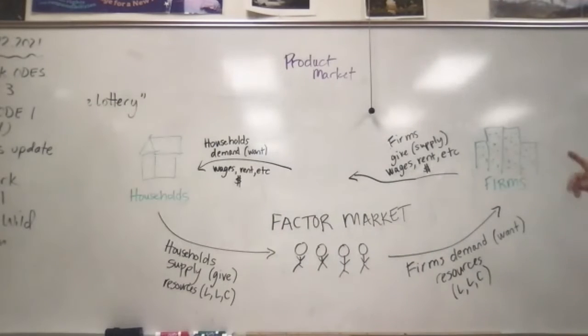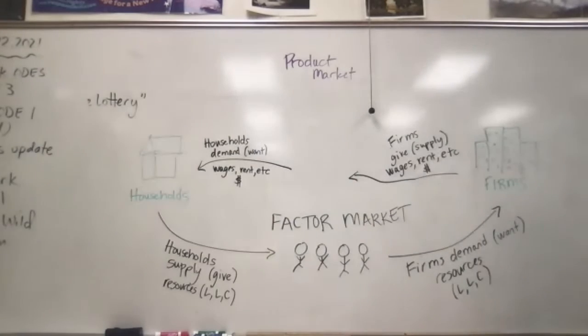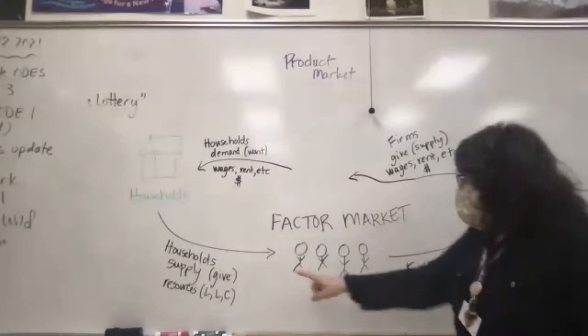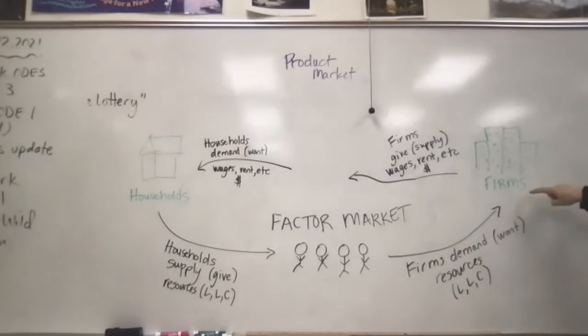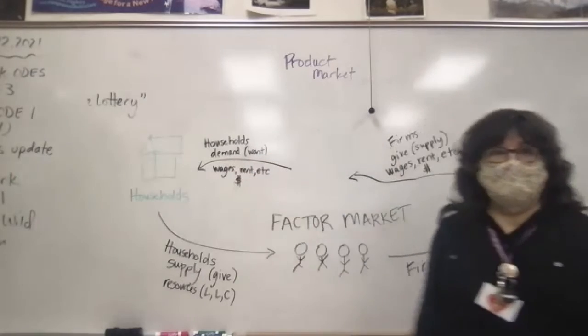So this is kind of my bad circle, but this is one circle, okay? So in the factor market, if you remember, we got together the firms and the households. The firms needed resources to get their business running. They demanded resources, they wanted resources. And where did they get them? From the households, right? And in turn, the firms supply or give money to the households.